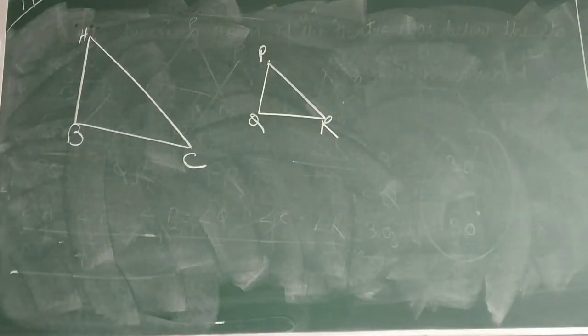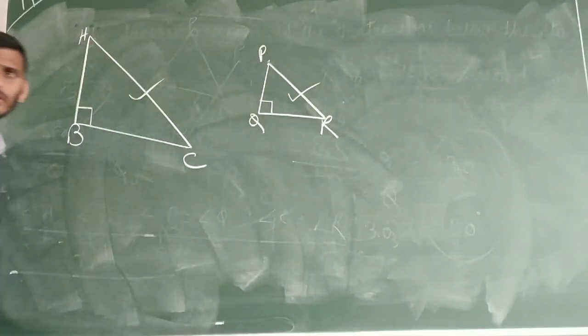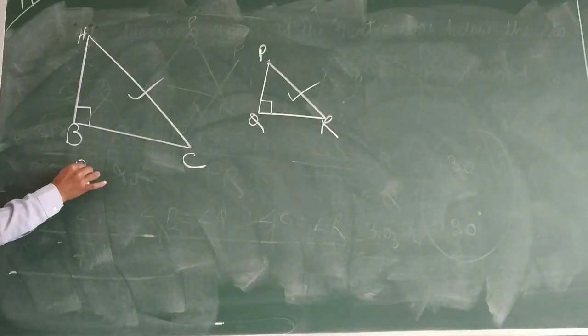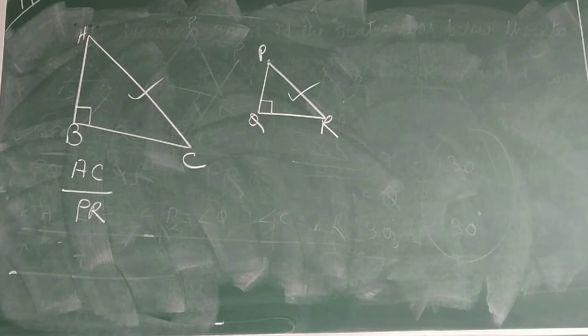If two right angle triangles are such that the ratio of the hypotenuse, so which is the hypotenuse? Here, if this is the right angle, then this is the hypotenuse. The ratio of the hypotenuse, that is AC to PR, is equal to the ratio of any two corresponding sides.